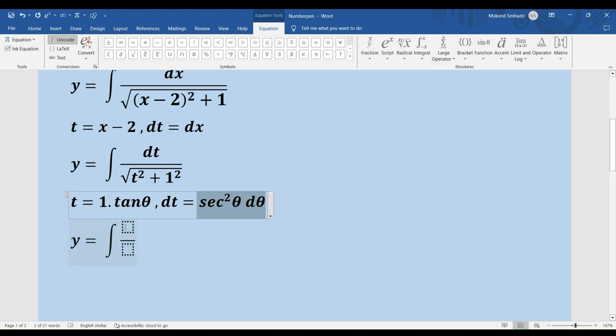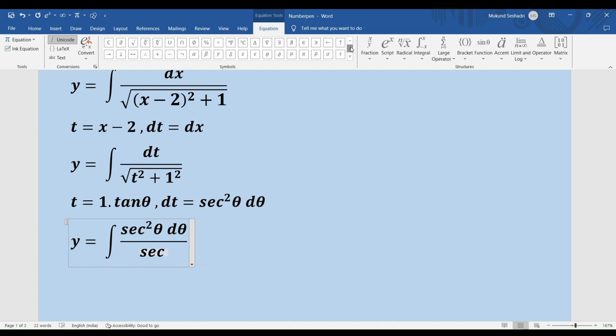And then what I have in the denominator is the square root of t square plus 1 square, right? Now what is my t here? It is tan theta. So my t square is tan square theta. I have 1 plus tan square theta, which is nothing but secant square theta. And then I have a square root of secant square theta, which becomes secant theta, right?